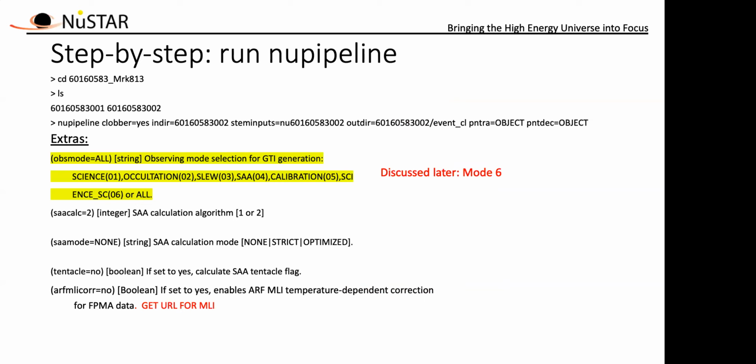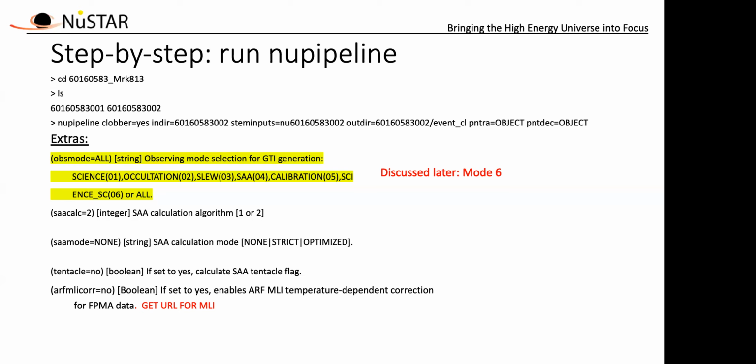What ops mode does, and this is the thing I mentioned briefly, is that inside the attitude file, it knows whether the observatory was slewing, whether it's doing science, whether it's in the South Atlantic anomaly, whether it was doing calibration, or whether it was pointed at the sun and was missing a star tracker, which is this mode 6, which I'll talk about later. I kind of told you a little bit about it yesterday. So if you're in a situation where you have no star tracker and you just want a specific one of these, you'll have to look at this ops mode.